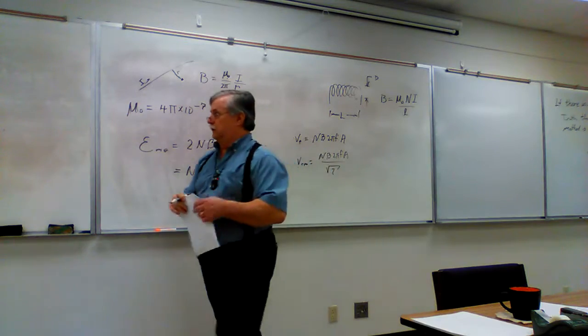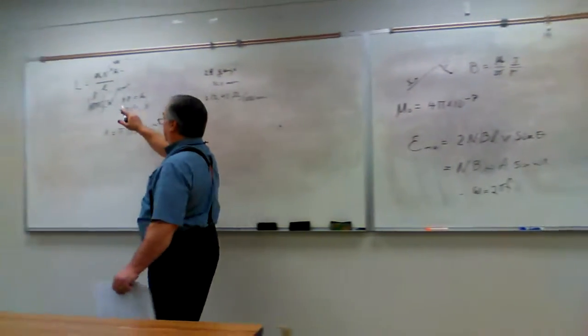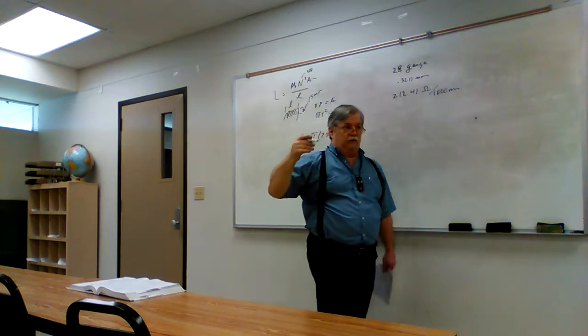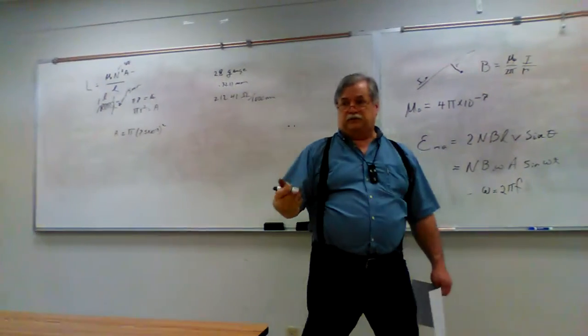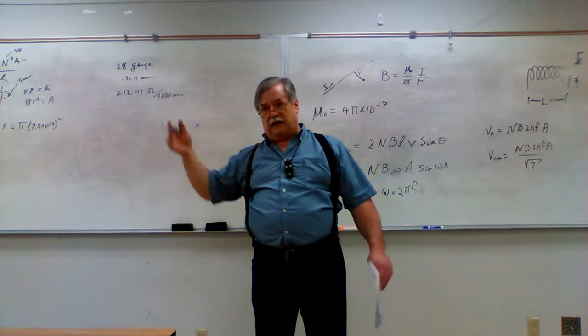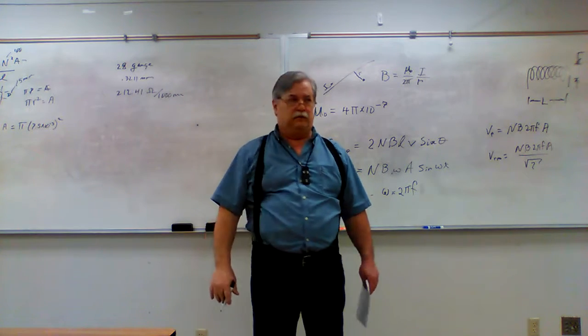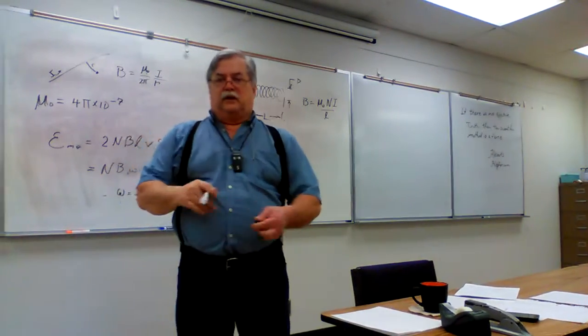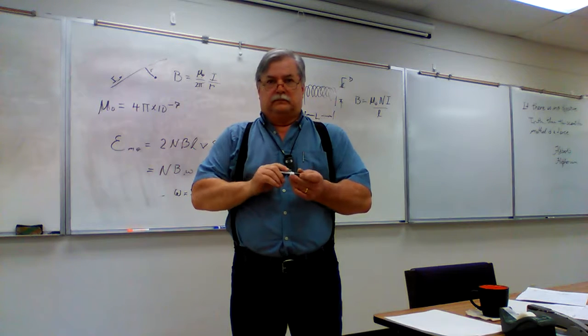You would write mu sub naught, the permeability of air. If they give you a different mu for the particular core material, then you would replace mu sub naught with that mu. On the test, if you wanted us to do that, are you going to give us the mu? I would tell you what mu, yeah.